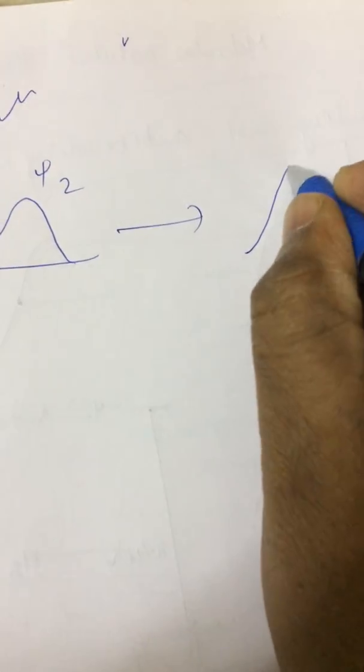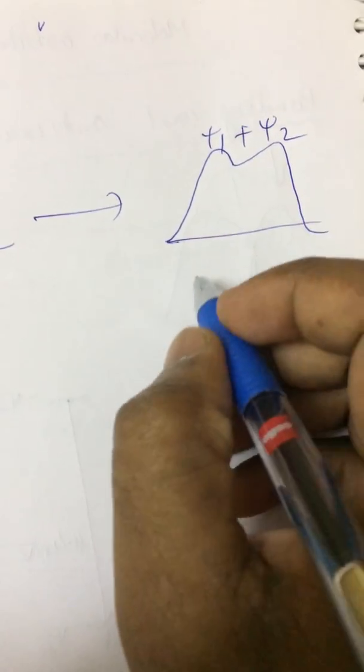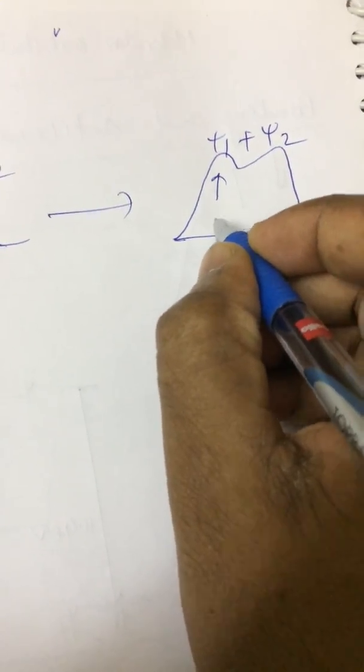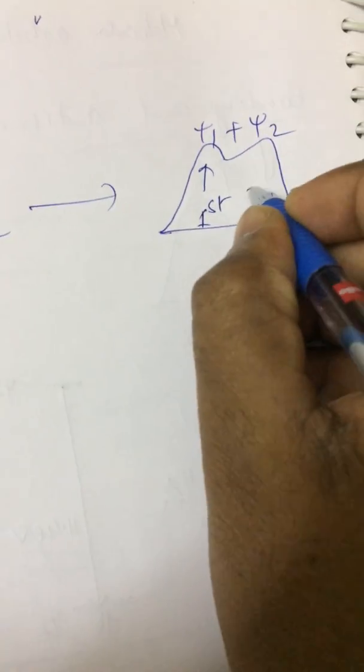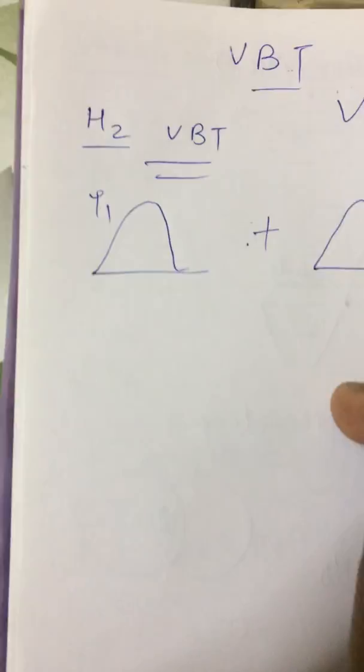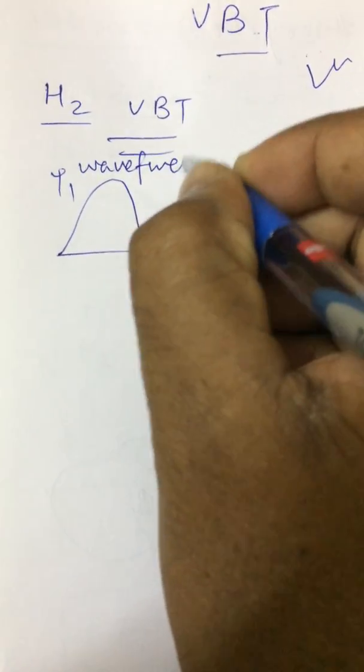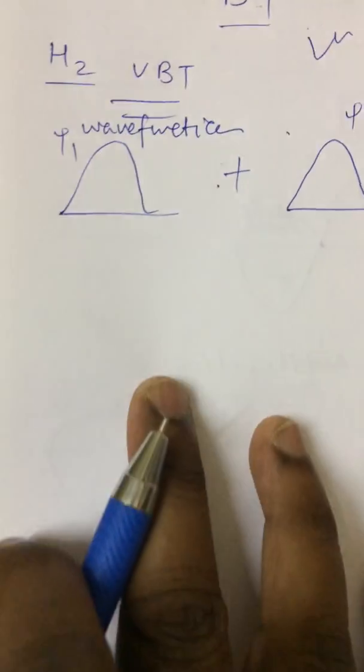Psi 1 and psi 2 are superimposed. After superimposition, this is for the first electron and this is for the second electron. So psi 1 and psi 2 are the wave functions.